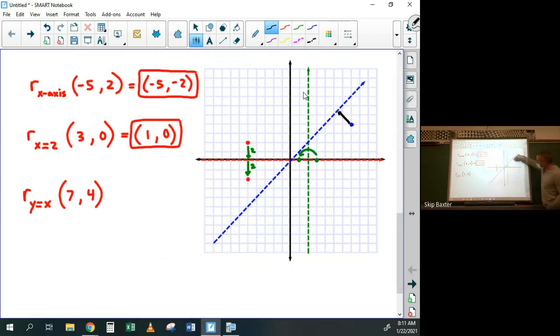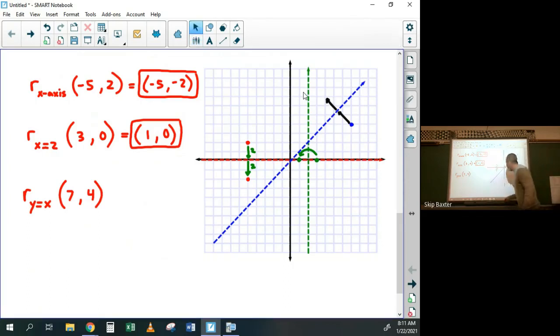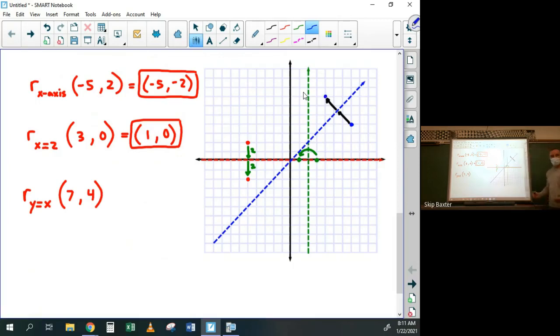I went through one square and then half of another one. So then I just have to go across it 1.5 diagonal squares, like that. And the image point would end up being right there. Does that make sense? Definitely, that's the reflection of that point across that diagonal line. So the image ends up being (4, 7).